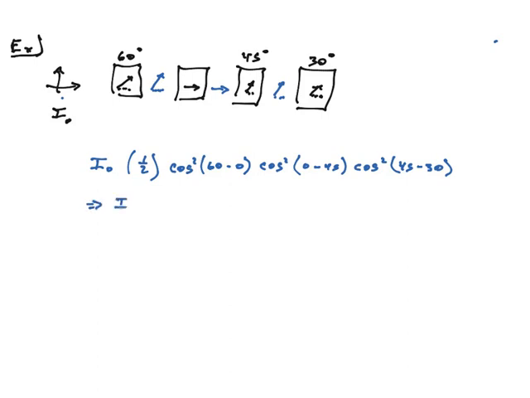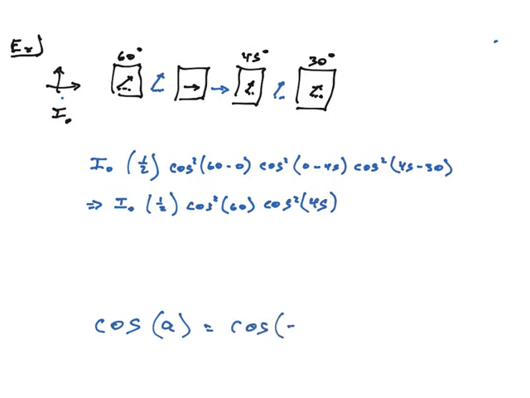So what do we have? Well, I naught, that's just the original intensity. We have 1/2 sitting there. The first thing is cosine squared of 60. 60 minus 0 is just 60. The next one is cosine squared of 0 minus 45, which is just 45. Just note, here's a mathematical thing for you. Cosine of A is the same as cosine of negative A. So the cosine of a negative number is the same as cosine of the positive number.